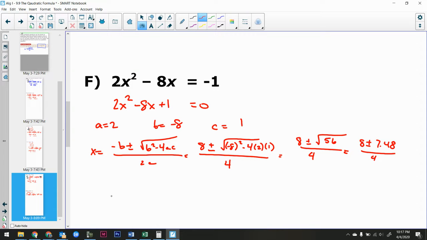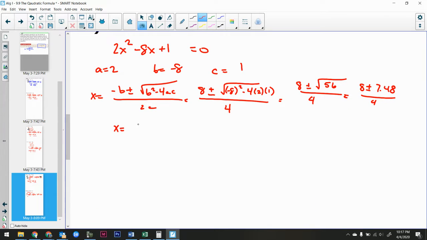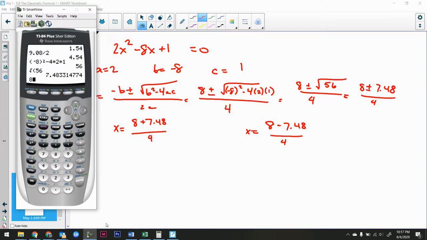So that means I got x equals 8 plus 7.48 divided by 4. X equals 8 minus 7.48, all divided by 4. I'm going to do it all in my calculator at the same time. 8 plus 7.48 divided by 4, 3.87.